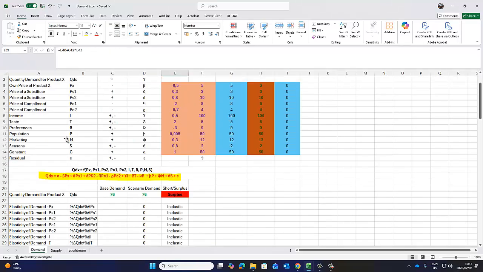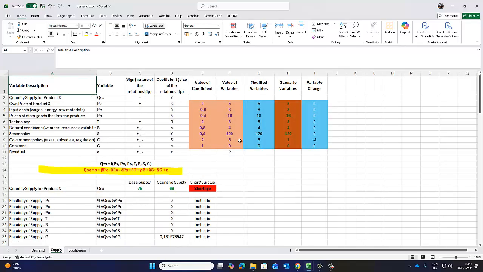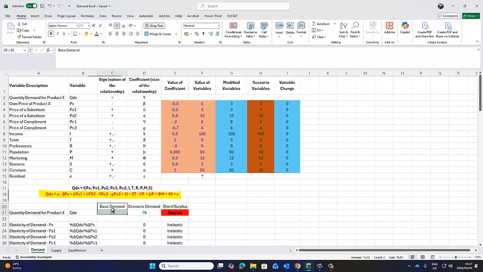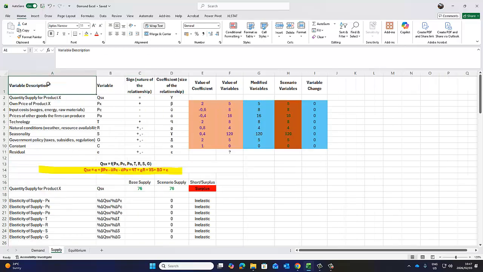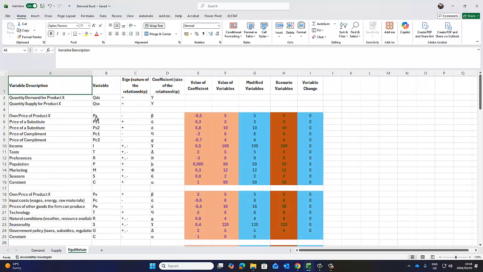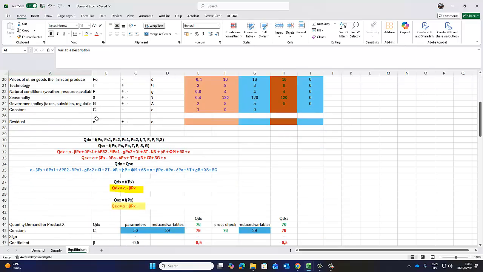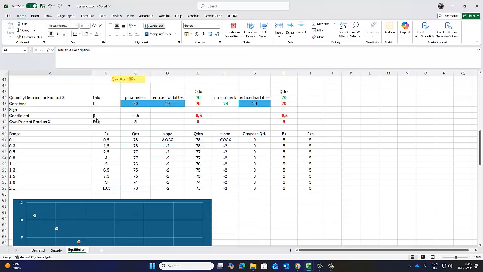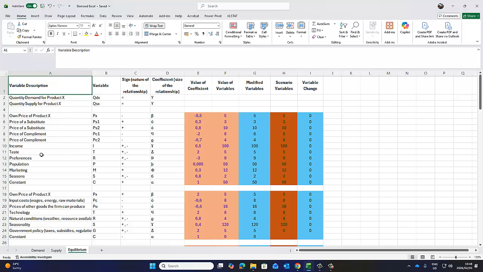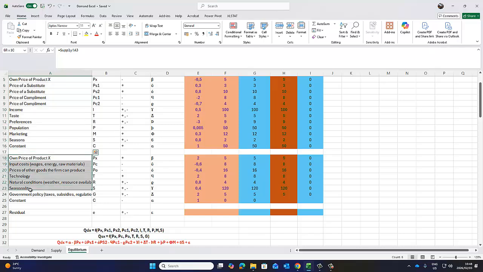So there's my demand side. And there's my supply side. And I've made my initial values. I assumed my initial values so that I'm in equilibrium. Okay, so what's happening next? Next, we're going to do the equilibrium, where we can bring them all together. And I've started working on that spreadsheet. You'll obviously see there's all the demand side variables. There's all the supply side variables.